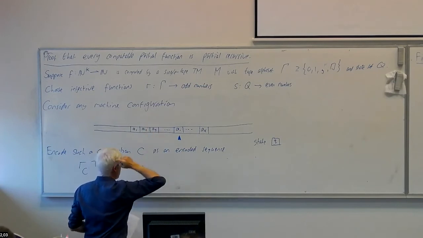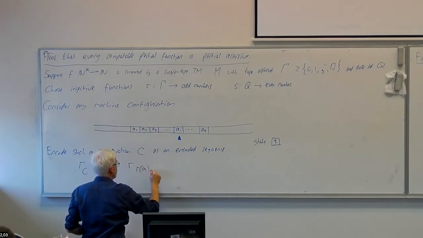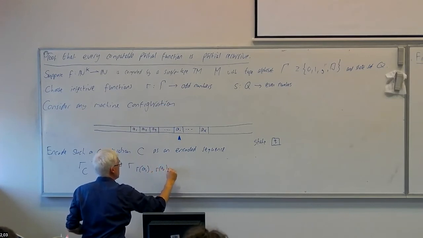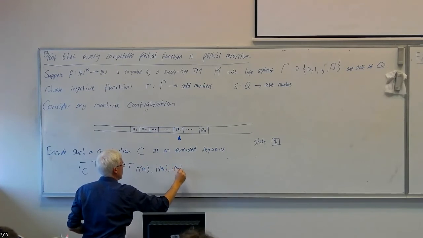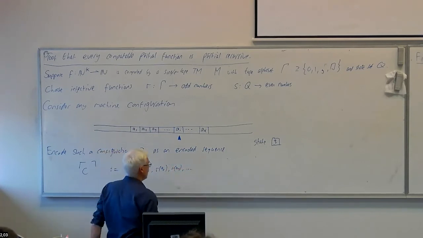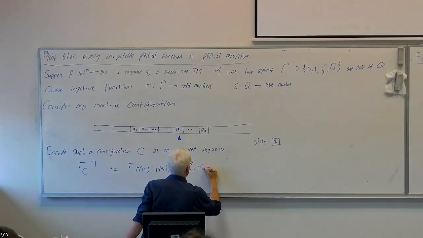The tape characters are encoded using R. So we consider the sequence R(a_1), R(a_2), R(a_3), all the way to R(a_{i-1}).